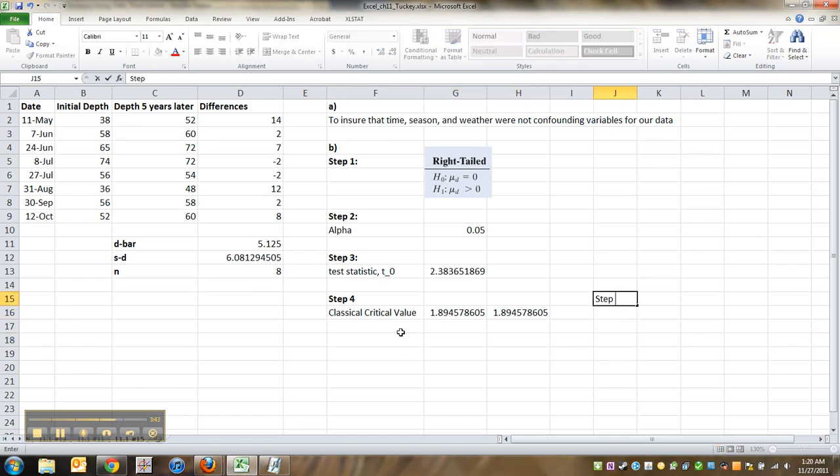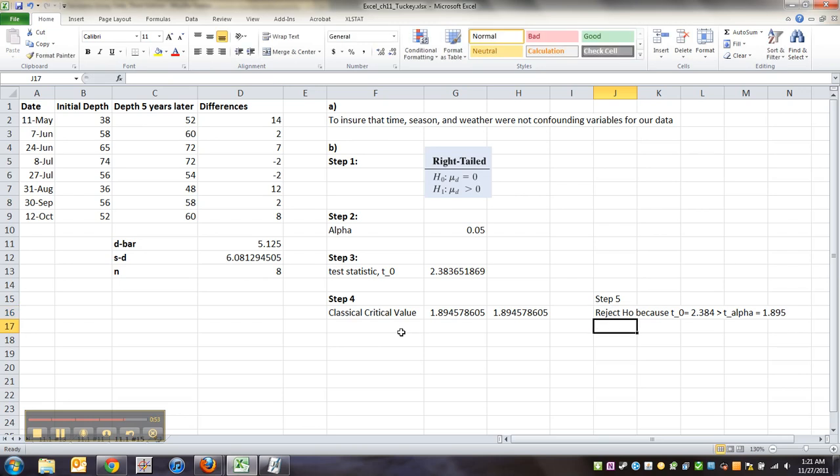Hopefully. Step 5, reject H naught because T0, which is equal to 2.384, is greater than T alpha, which is equal to 1.895. All right, so that's the classical way.